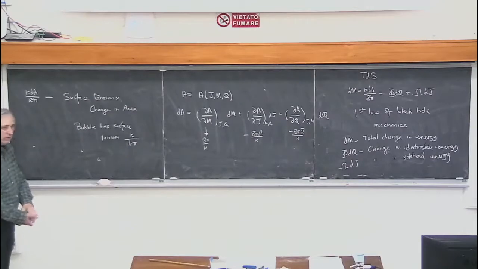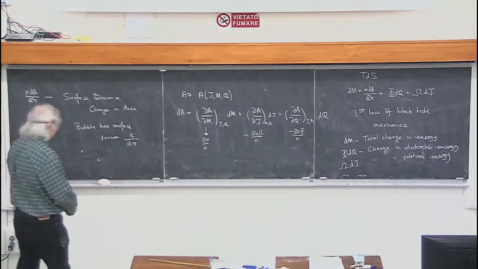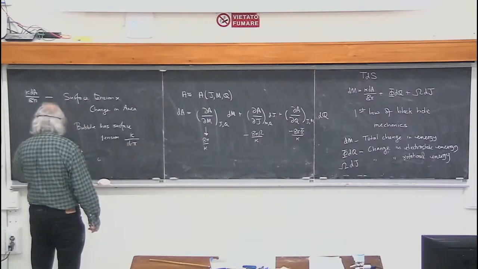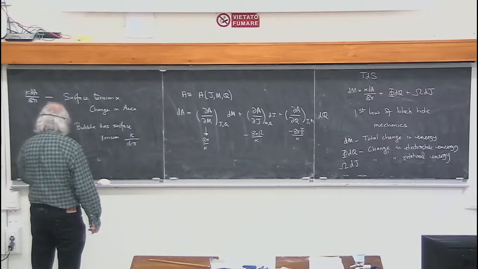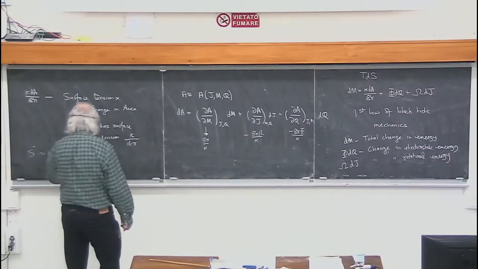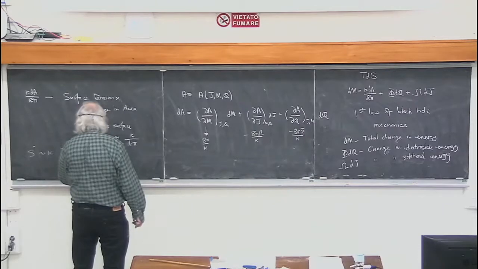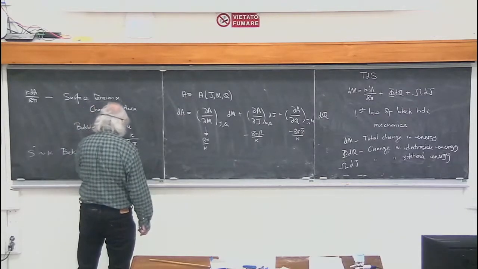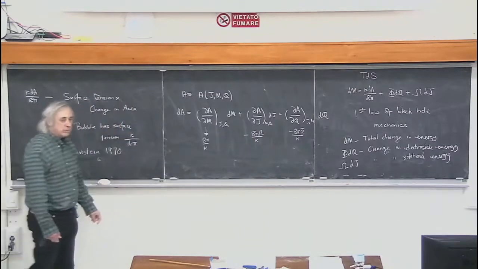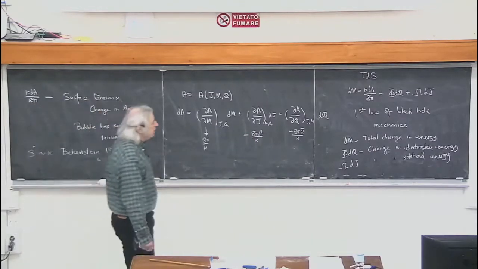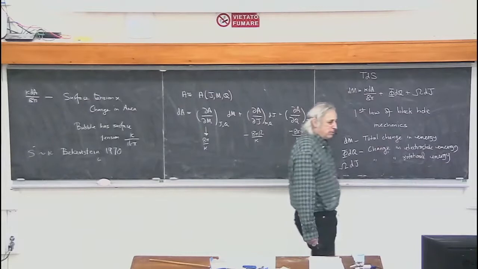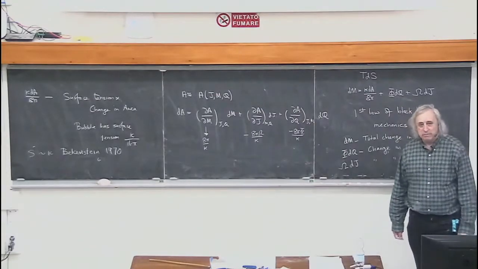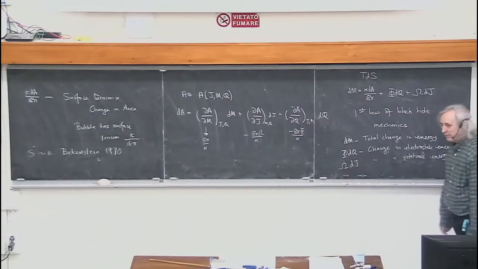That was first speculated on by Bekenstein back in 1970. His work was completely disregarded because everyone said, well, a black hole is black and therefore it has zero temperature, and therefore this can't possibly be true.